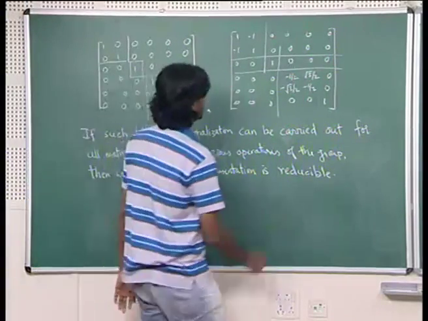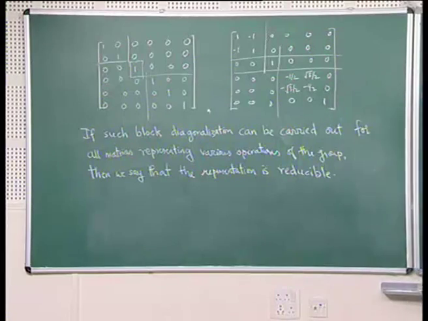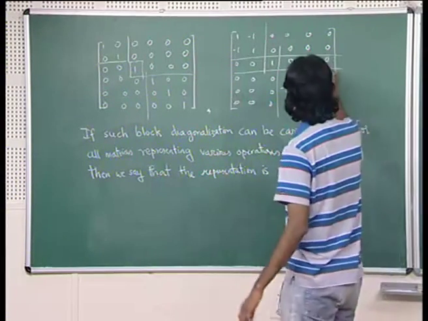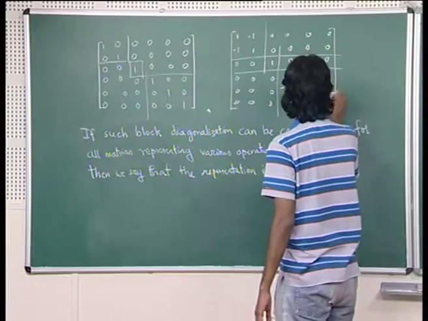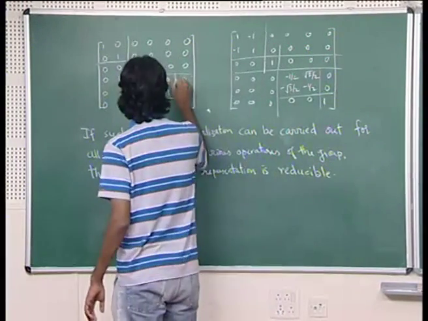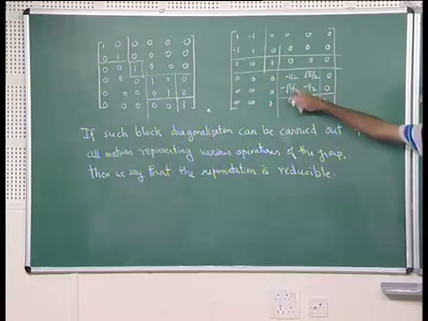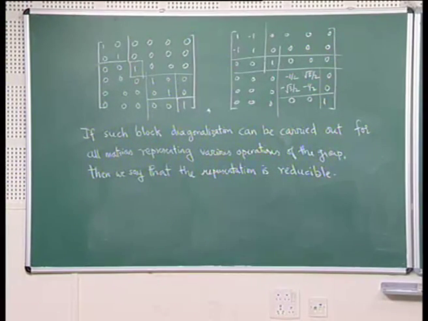Okay, actually in these two you can break it into this, but if there are other elements which mix the others, okay, then so you can also break this like this. Okay, so you can also go this way. Okay, but this 2 by 2 representation is an irreducible representation.